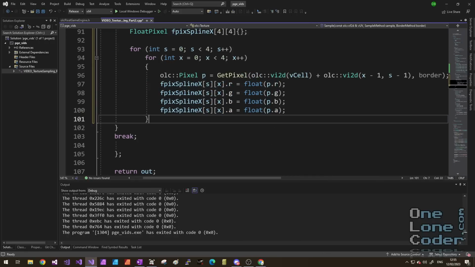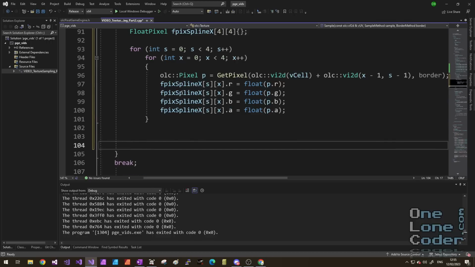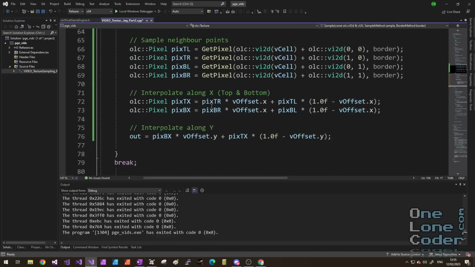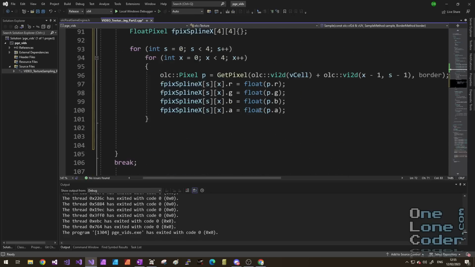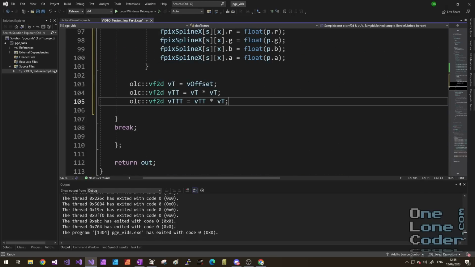I now need to calculate my basis functions. Now before they were just linear, so in the bilinear function, we didn't need to break them out, they're just part of the equations. But that's going to get a bit unwieldy now. Since it's a cubic, I know that I need to take my t values from the offset and square them and cube them. Now, curiously, I'm doing this with a 2D vector because this will do element-wise operations.